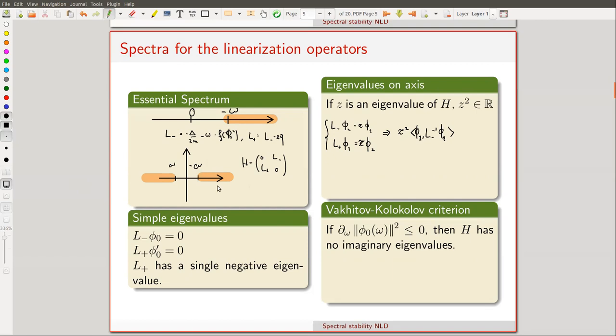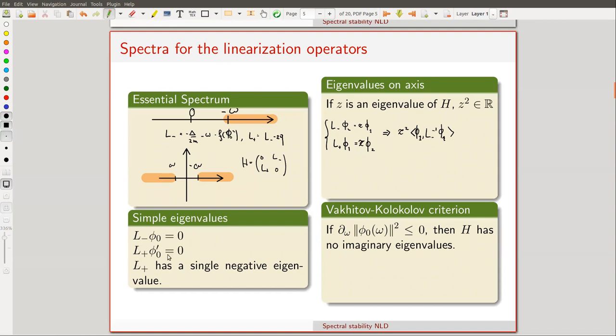And also you can find quite easily this set of equations. The ground state is an eigenfunction of the operator L minus associated to the eigenvalue 0. This is just by rewriting the nonlinear elliptic equation, which is exactly this.